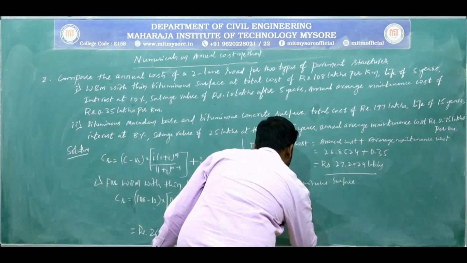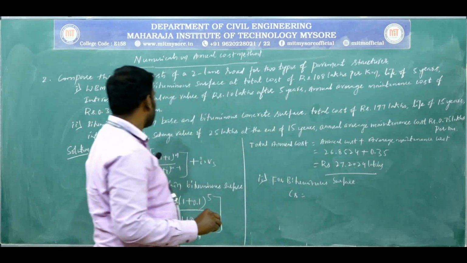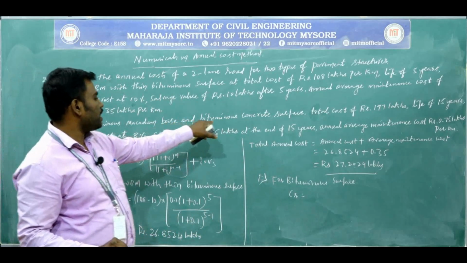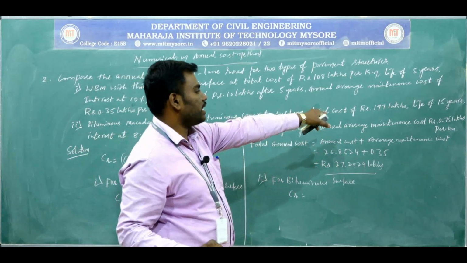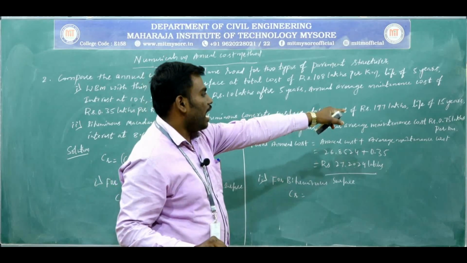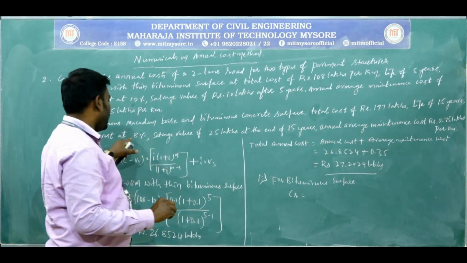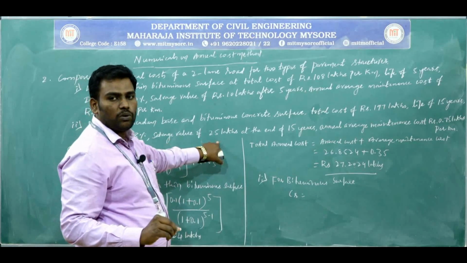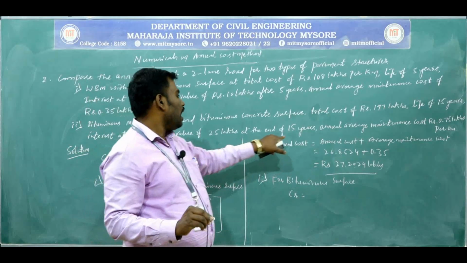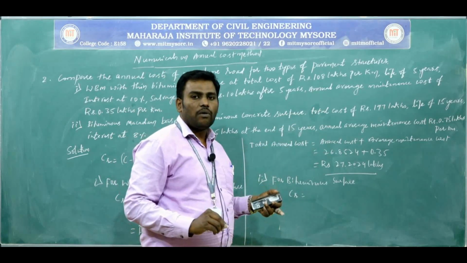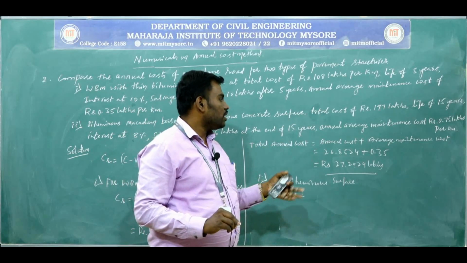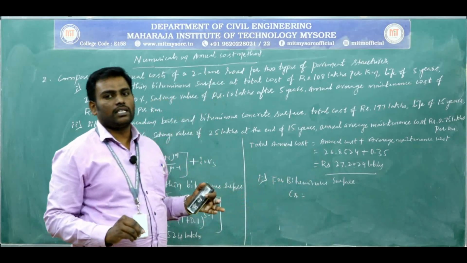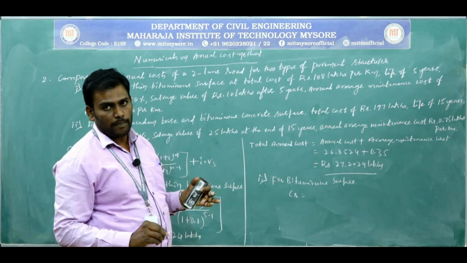You may observe here for the bituminous macadam base and bituminous concrete surface, C they have given 197 lakhs, N is 15 years, I is 8%, that is 0.08, and salvage value Vs is 25 lakhs, and the average annual maintenance cost is about 0.75 lakhs per kilometer.